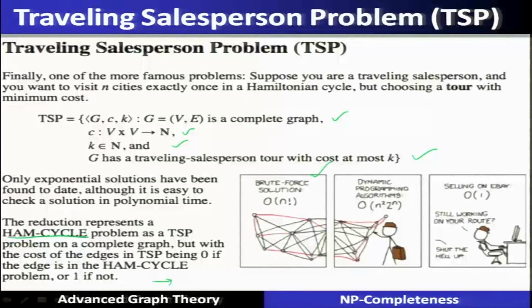Now, as far as traveling salesman problems are concerned, brute force solutions exist, that means we find all the different cycles and find the cycle with the minimum cost, and that will be an exponential number of possibilities to explore and then find the good solution.